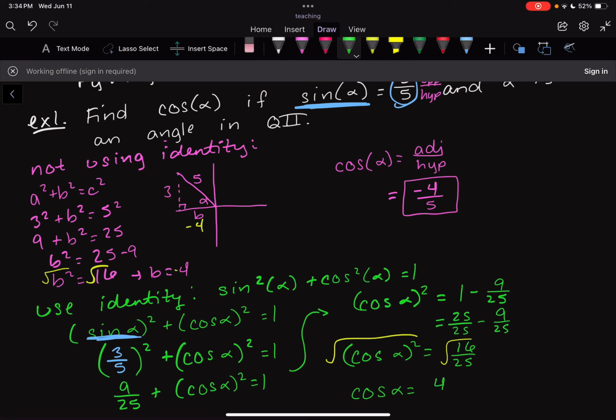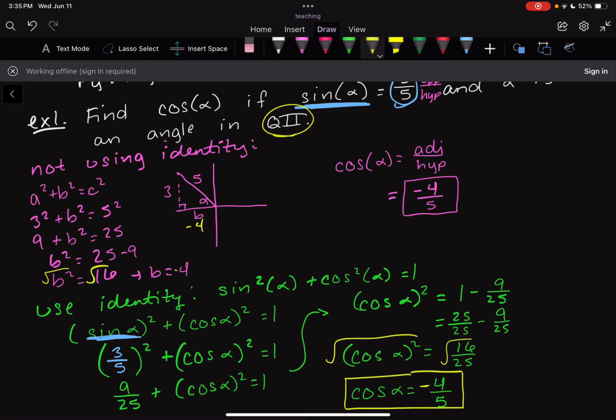Square root of 16 is 4. Square root of 25 is 5. And be careful here, it's always plus or minus. We want to check what quadrant we're in to decide if it should be plus or minus. Since we're in quadrant 2, cosine is negative in quadrant 2, so this should be a negative 4. And so that's my final answer.